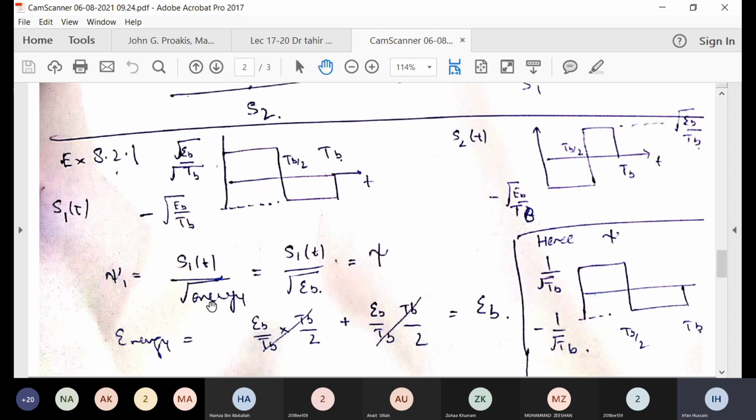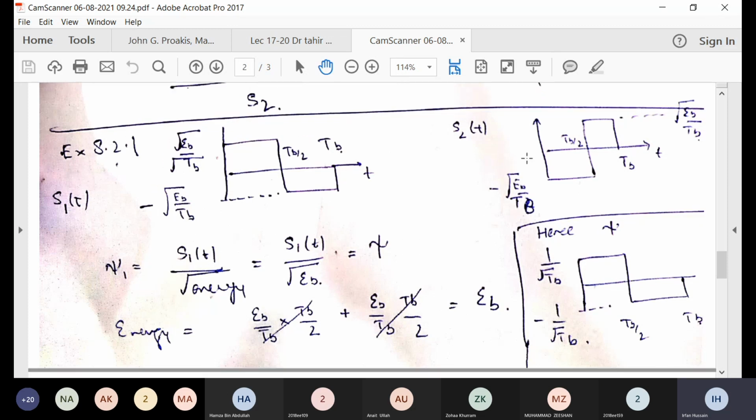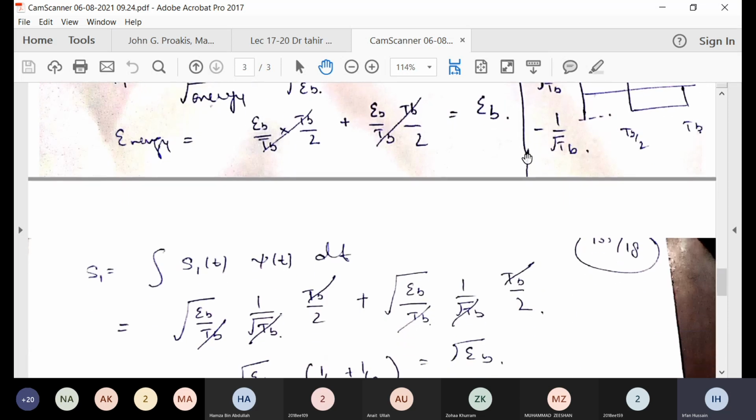Alright, so I divide by under root of Eb, and I will get my psi. So you can see that your psi 1 or psi will be just dividing by Eb. Eb cancels, and you have this will be your psi. And this psi will also be sufficient to represent S2. So one orthonormal basis will be more than enough.